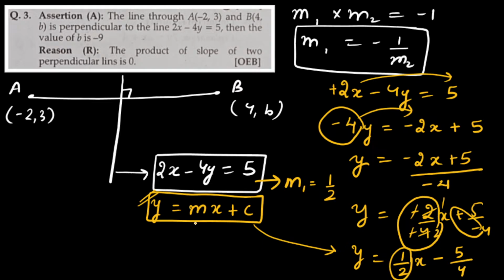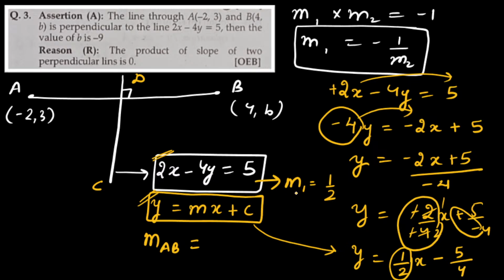Now, if this line's slope is 1 by 2, just tell me what will be the slope of line AB. Line AB is perpendicular to this line. Let us say this line is CD. We found the slope of CD, whose equation was given to us as 2x minus 4y is equal to 5. Both the lines are perpendicular to each other.